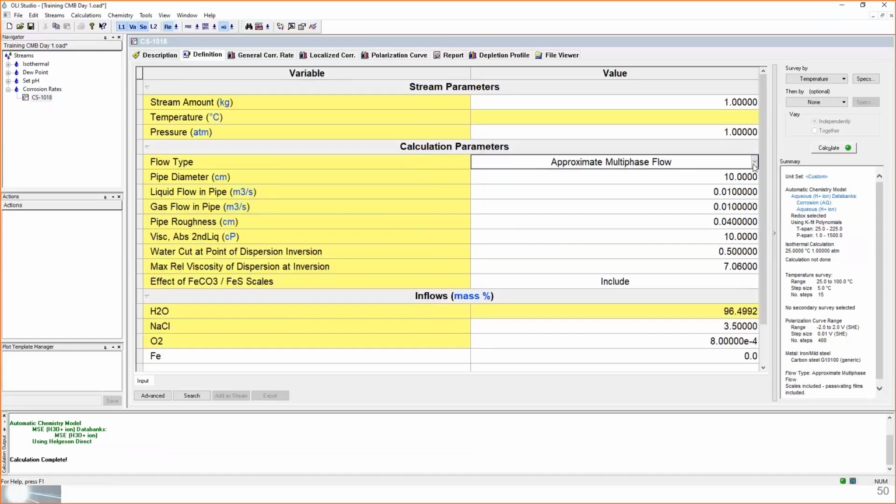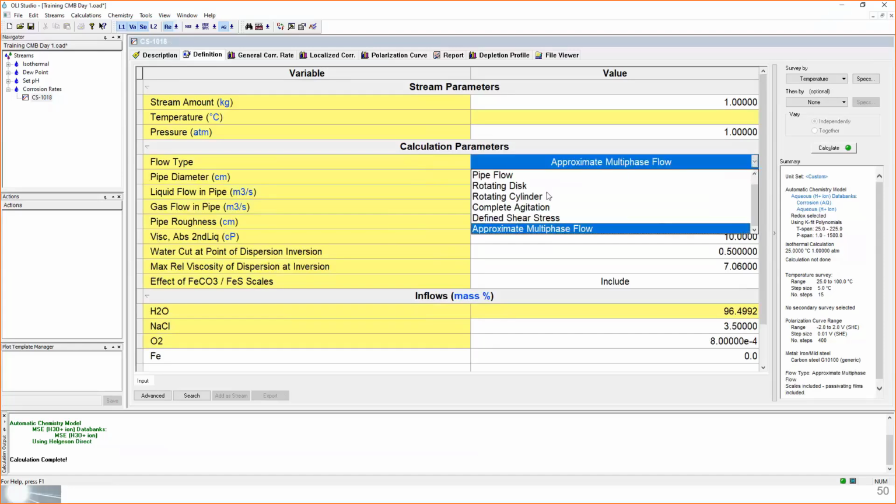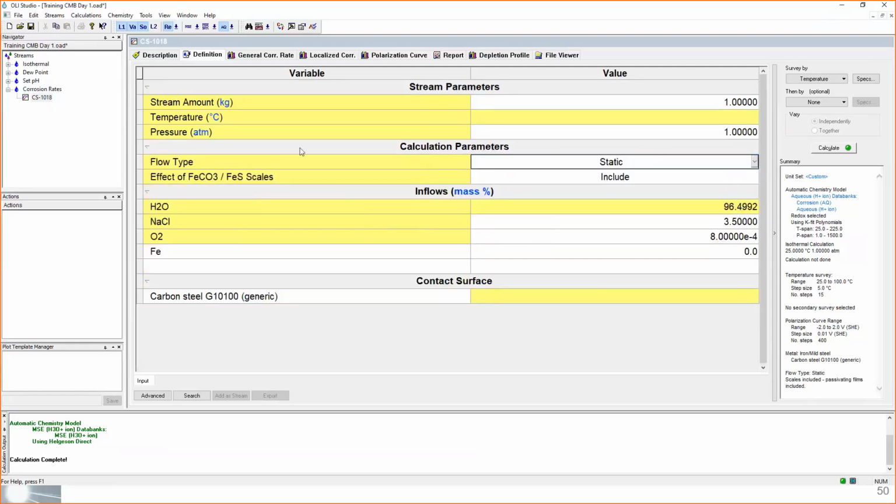For this specific example, we're going to stay with the simple one, the static option, okay? So go back and select the static, make sure that you have a static. And then there is a second part here, which is the effect of iron carbonate and iron sulfide on corrosion rates, okay?